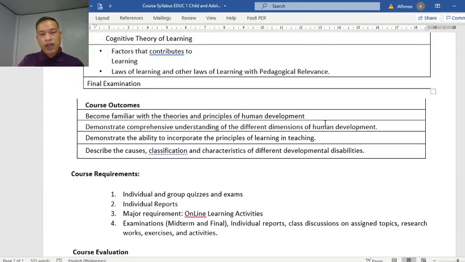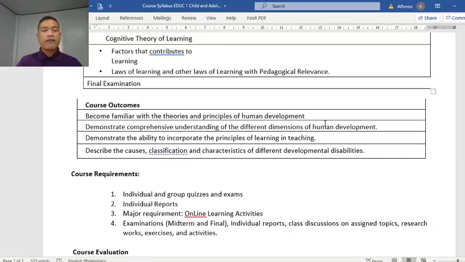Dapat meron tayong way to put the knowledge or the concept into context or real life situations para mas maintindihan natin siya. So, if all of those course contents were delivered, these are the course outcomes that are expected.